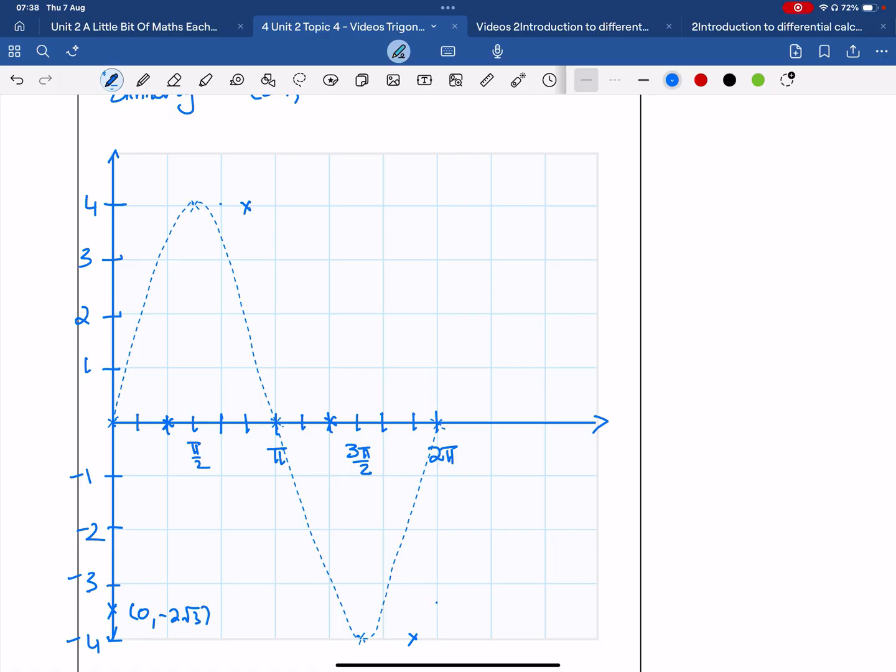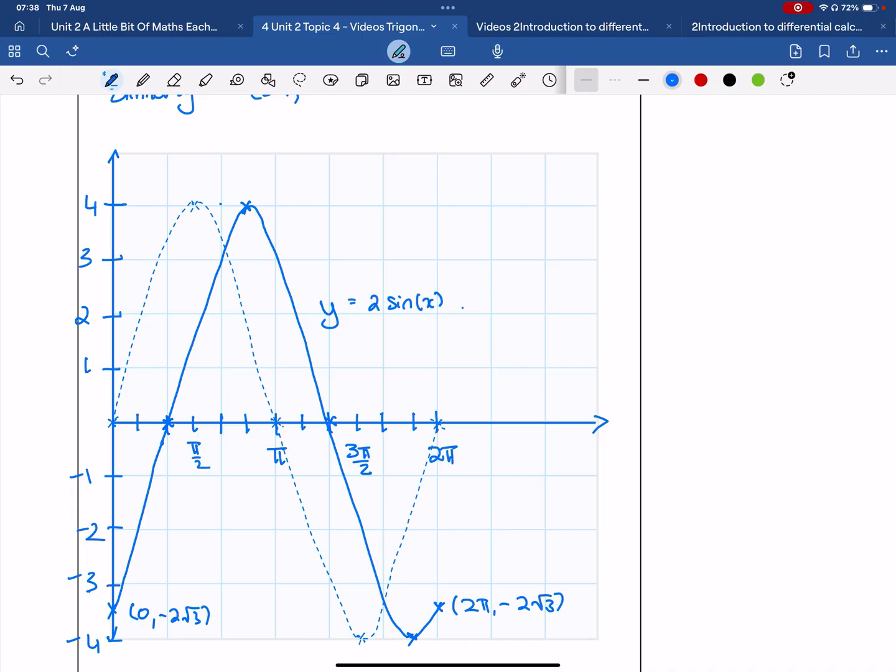And it's going to end at the same point at 2 pi, -2 root 3. All right, so here is my function. Try and keep it nice and smooth. All right. This is y equals 2 sine of x minus 2 root 3 cos of x.